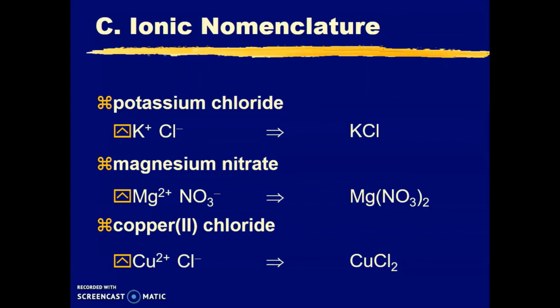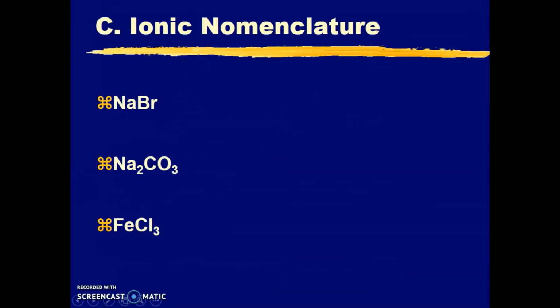Okay, so this is when you're given the name, going to the formula. Let's do the reverse. Okay, you're given the formula, you need to write the name. Okay, so here we only have 2 elements, so I know I can stick with my periodic table. Okay, the first element is Na, so I find that and I see it's sodium.